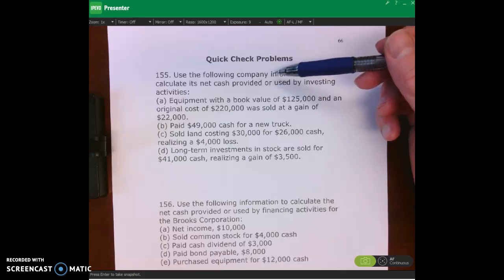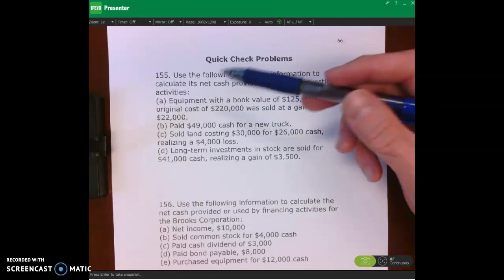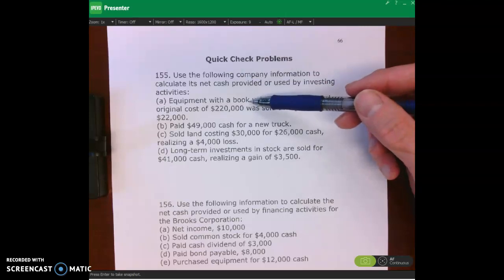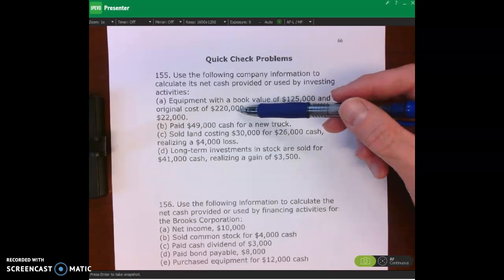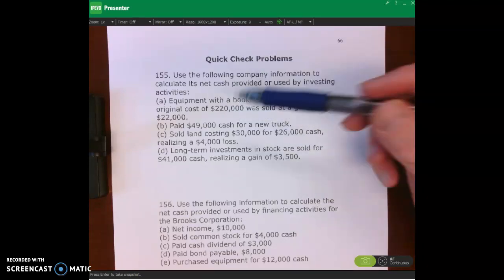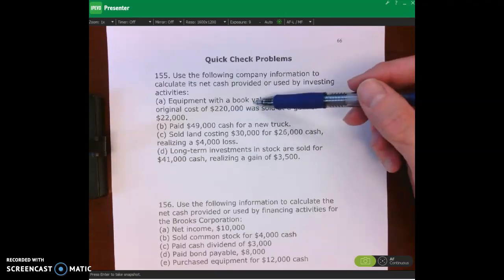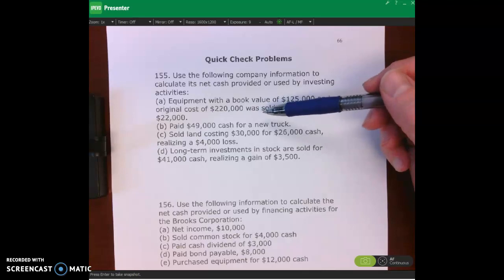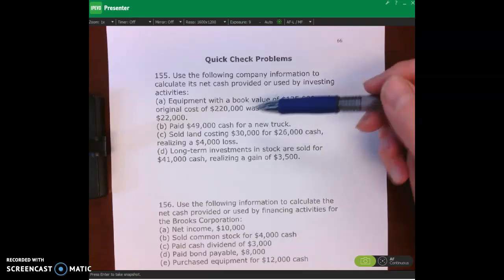Use the following information to calculate net cash provided or used by investing activities. So we have these different transactions. The first one is equipment with book value of $125, original cost of $220, was sold at a gain of $22,000. Here's the tricky thing about this one: we're not given how much cash it was sold for. We don't know, but we can figure it out, and I'll talk about that in a second.